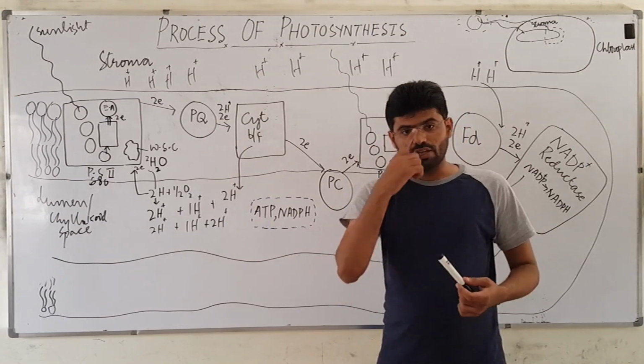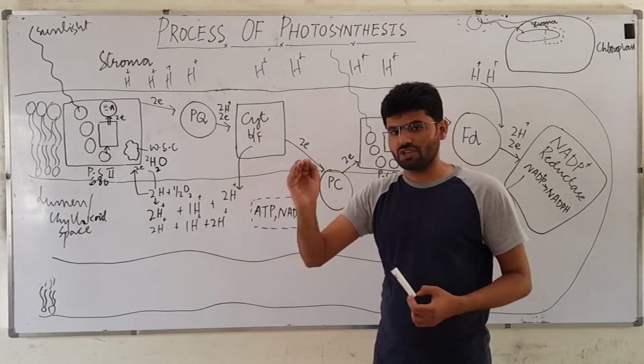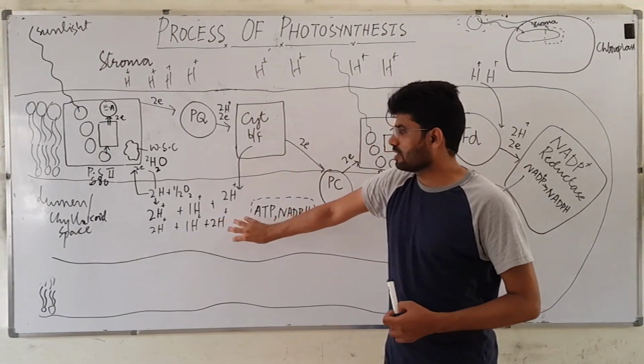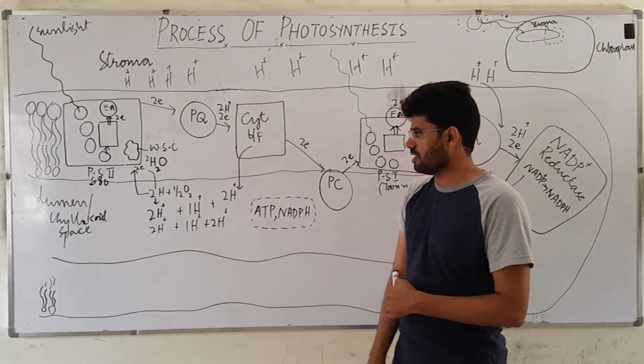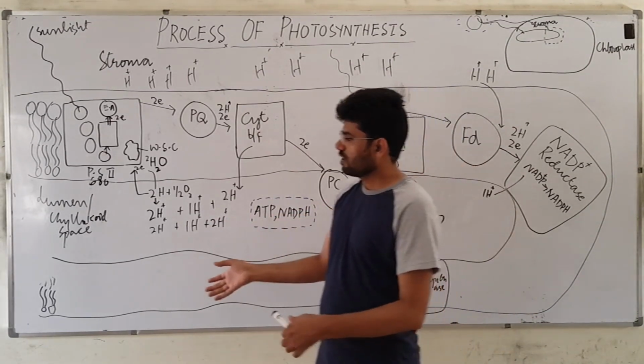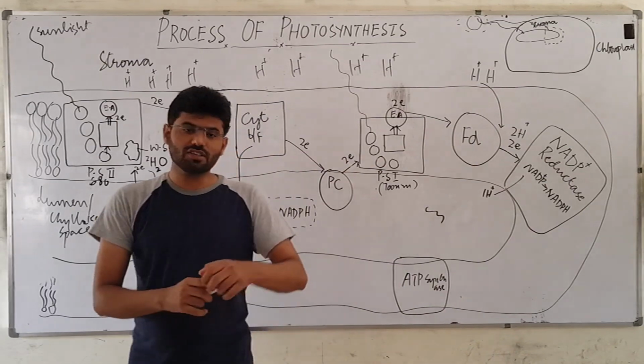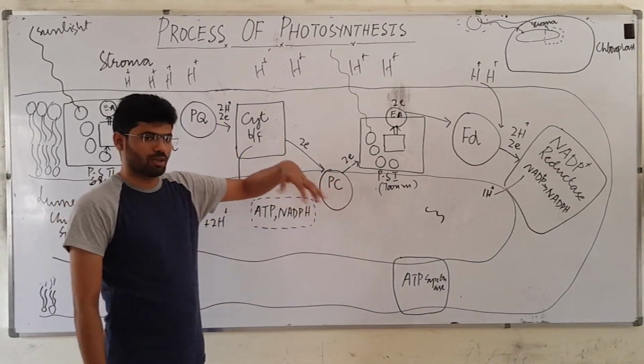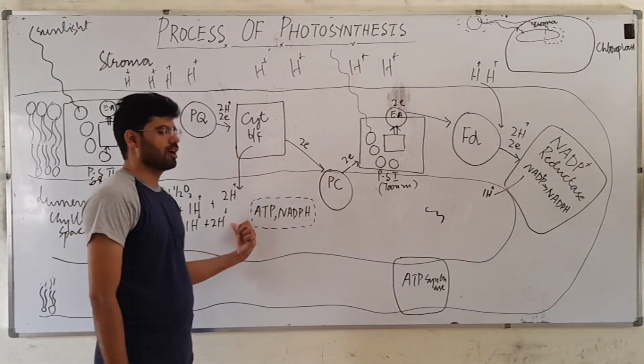So here there will be accumulation of 10 protons in the thylakoid space or in the lumen. So this is how a plant accumulates the protons inside its thylakoid space or inside its lumen.